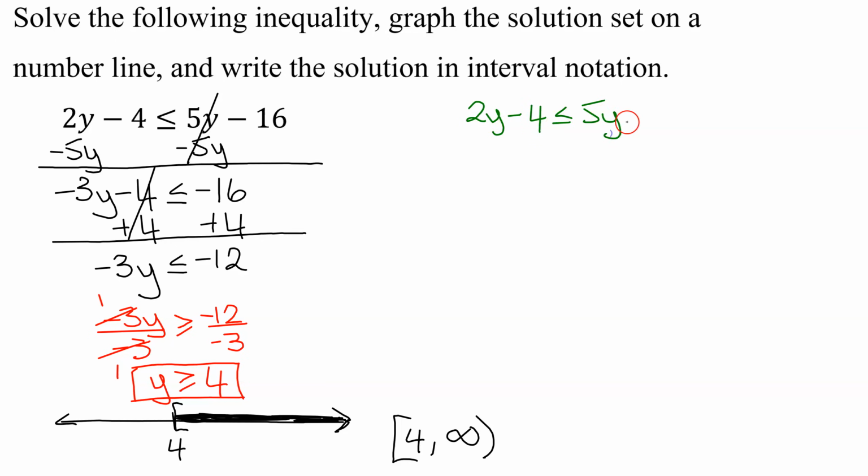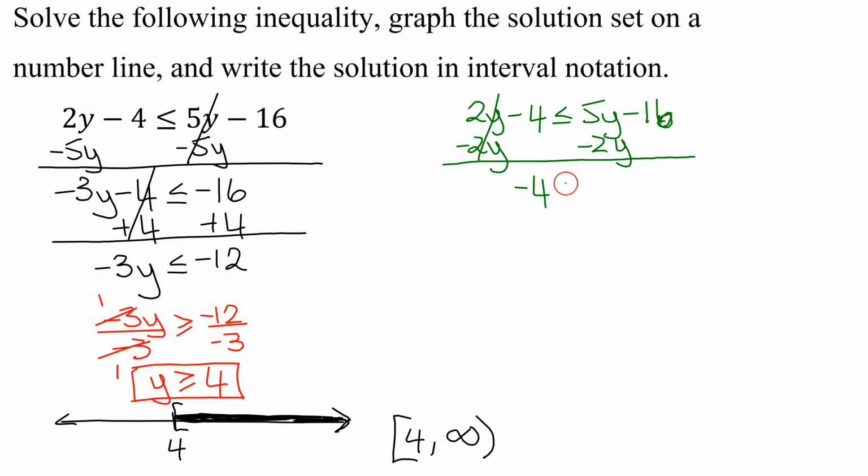So I've rewritten my problem. If I want to collect my y's on the right, I'm going to subtract 2y from both sides. Remember, adding and subtracting doesn't change the inequality symbol. 2y minus 2y is 0.